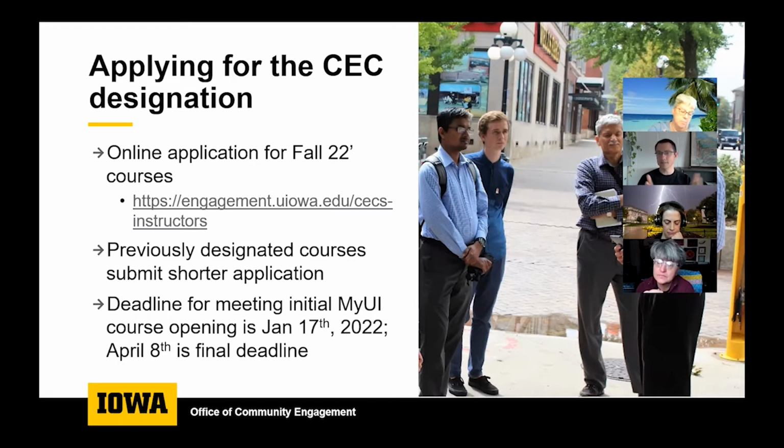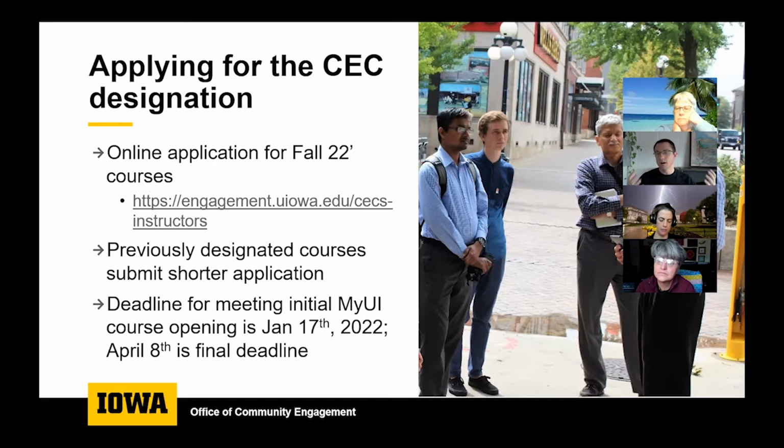And what this means is that between that initial February deadline and the April deadline, students will be able to go into MyU Iowa and begin to use the course scheduler to determine what courses they're going to take. And basically on a rolling basis, course applications that come in will be reviewed on an individual basis and then added to the existing course designation list on MyU Iowa.